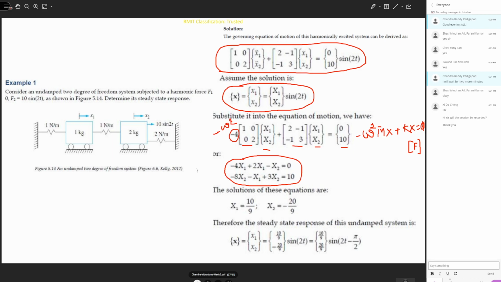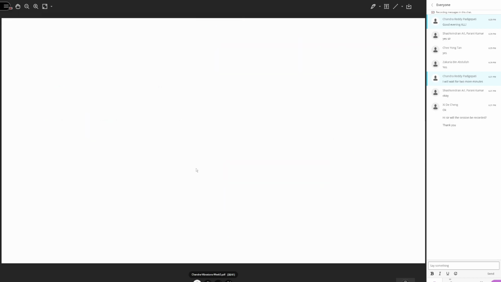The first equation is 0, the second equation will have 10. If you solve these two equations, you will get x1 and x2 values. These are the amplitudes of the displacements of mass 1 and mass 2. You substitute x1, x2 values here, and that gives you the response of the system.